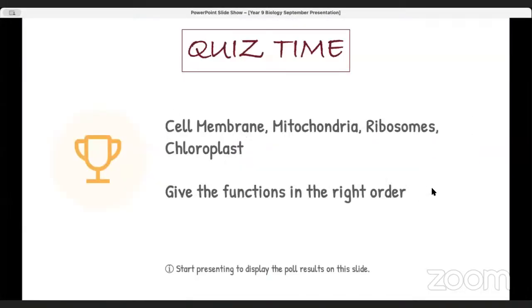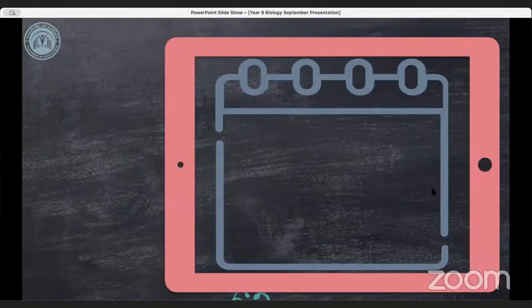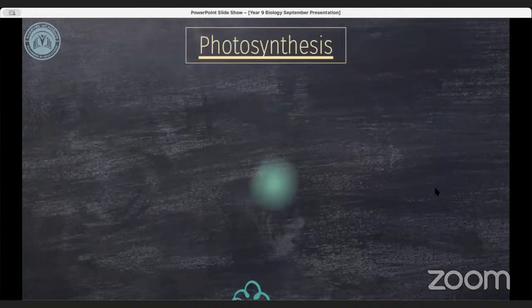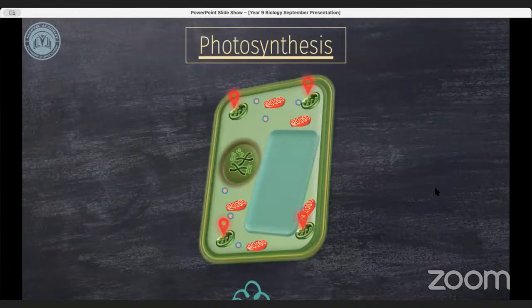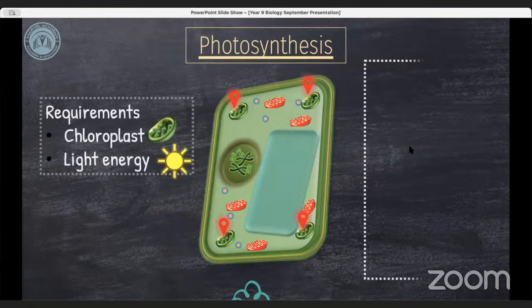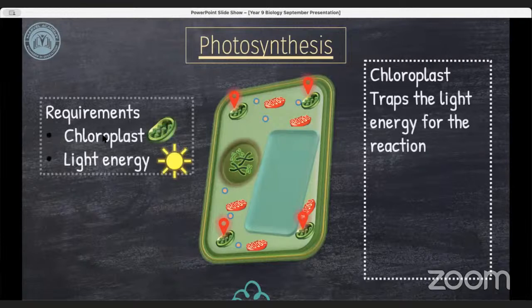Then we did a couple of quizzes, and then we moved on to our next chapter, photosynthesis. You know photosynthesis takes place in the chloroplast, and we learned what the requirements are. You can see here the chloroplast and the light energy.